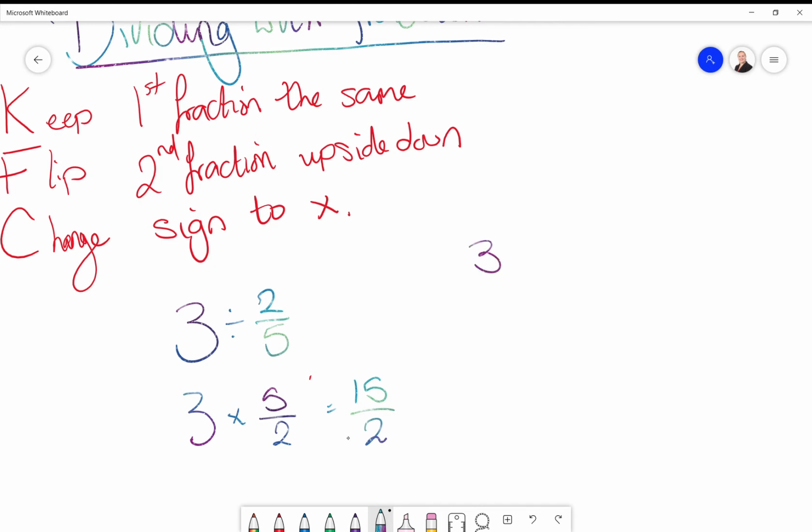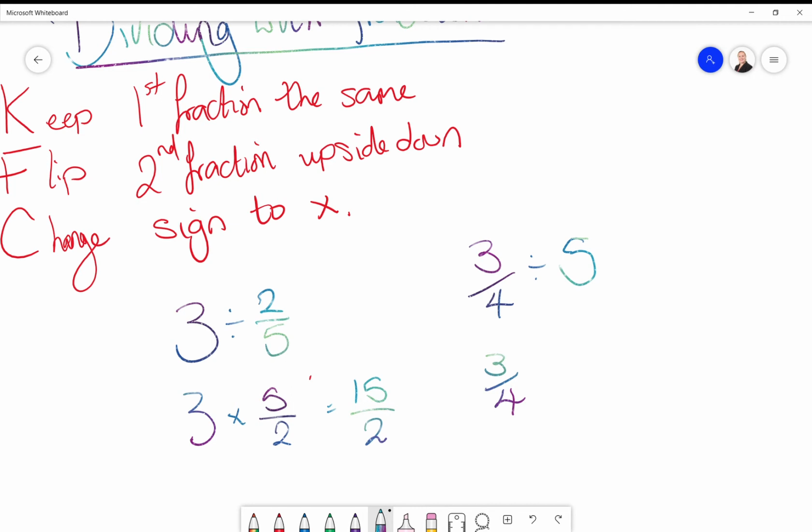Let's do another one. Let's do 3/4 divided by 5. Okay, so this is slightly different. So I keep the first fraction the same. So keep that the same, 3/4. I flip the second fraction upside down. That's not a fraction.